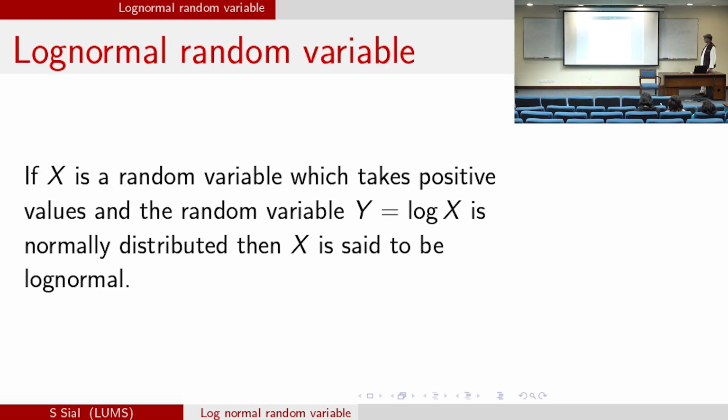So that's what motivates this definition of the log normal random variable. If x is a random variable which takes positive values, and the random variable y equals log x turns out to be normally distributed, then we say that x is a log normal random variable.